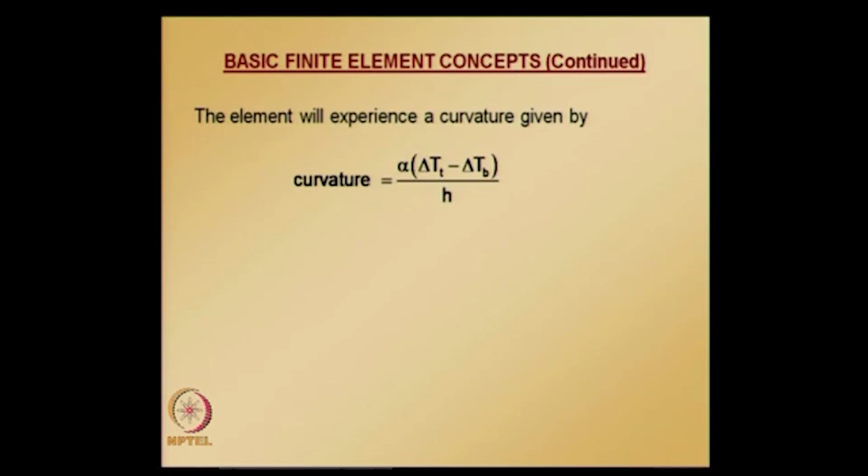Here h, please do not confuse this h with the 2h used earlier. This h is the total depth, whereas earlier, when deriving the equations for shear stresses, we used 2h to denote the depth of the beam. Here we use only h.